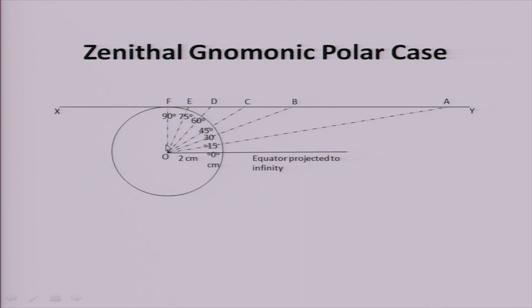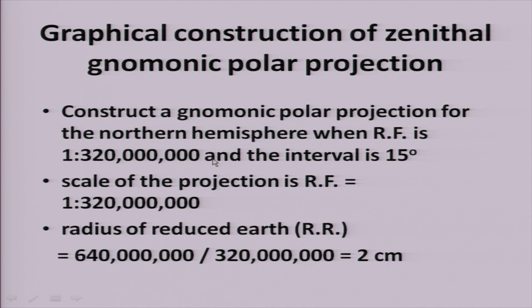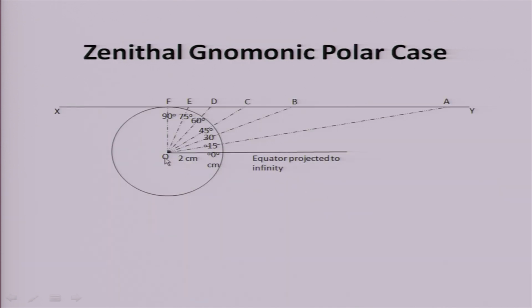Now we construct a circle of radius 2 centimeters, and in the question we have been given that the interval is 15 degrees, that is, the interval between the latitudes and between the longitudes is 15 degrees. So we draw the 15, 30, 45, 60, 75 and 90 degree parallels, and we project them. Since the light is kept at the center of the globe, it is a gnomonic case.